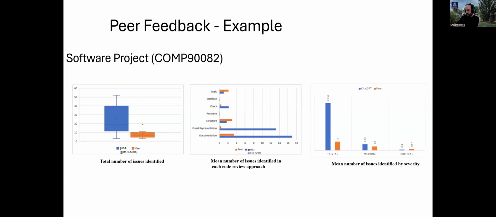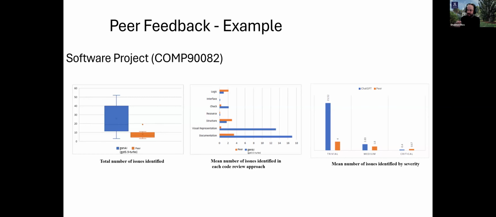It was significantly better at identifying trivial issues compared to the more complex issues, but still was comparable for the other issues as well. In other words, it performed a lot better at identifying simple issues and a lot more issues than the other students, but in general performed as well as the peers in terms of giving issues in the code.